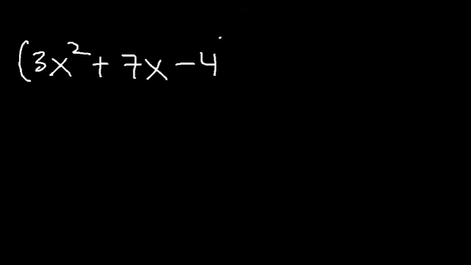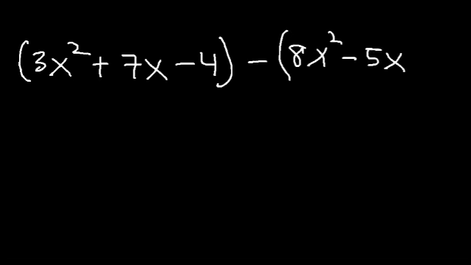Here's another example you can try. 3x squared plus 7x minus 4 minus 8x squared minus 5x plus 7. Now notice that we have a negative sign.